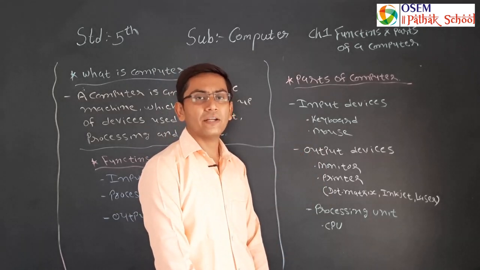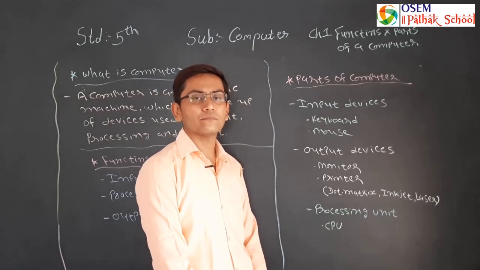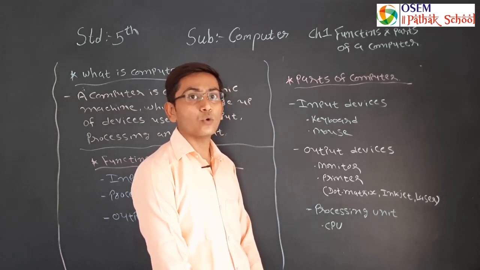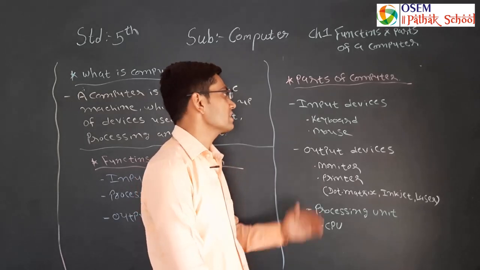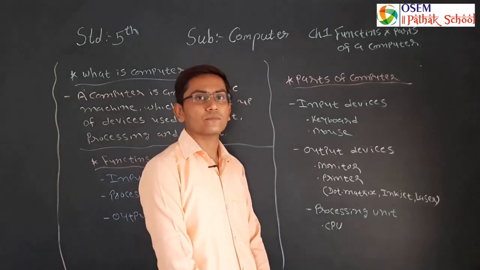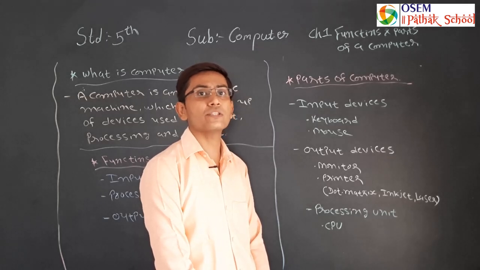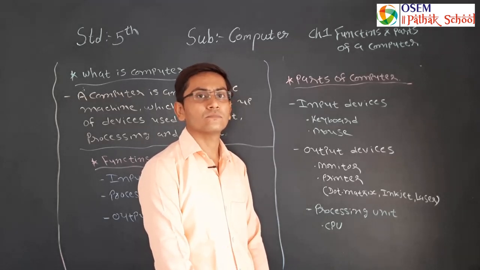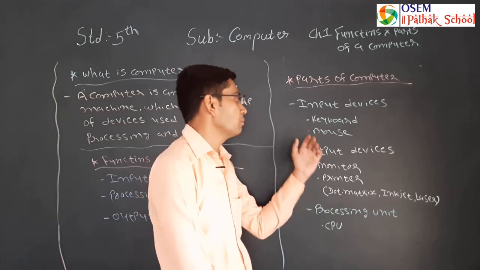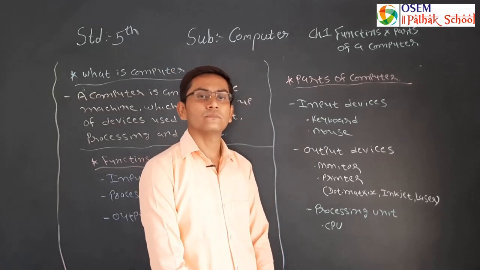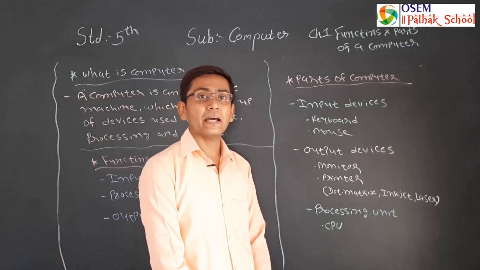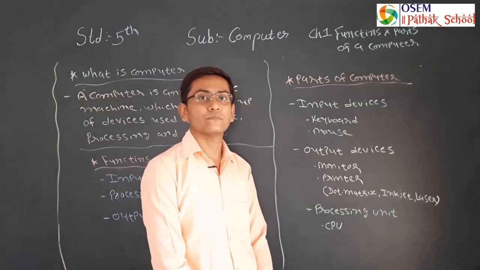If we want to enter data into computer, it has two common devices, that is keyboard and mouse. Keyboard and mouse are most commonly used input devices. Let's start with keyboard. Keyboard is a flat rectangular box.